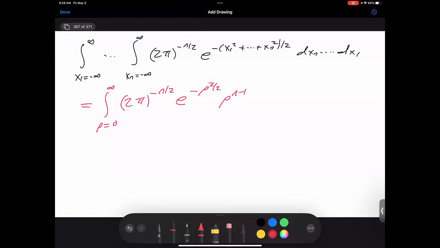And then I would have the integral of theta 1 through theta n minus 1 over their ranges, h theta 1 through theta n minus 1, d theta 1 through d theta n minus 1. Everybody comfortable with what we have? We know what this integral equals. What does this integral equal? We just showed it equals 1.